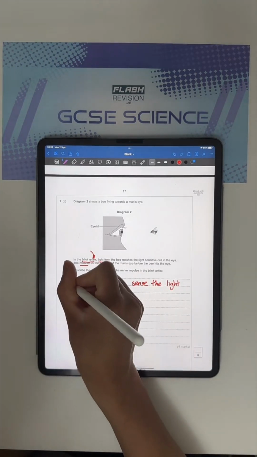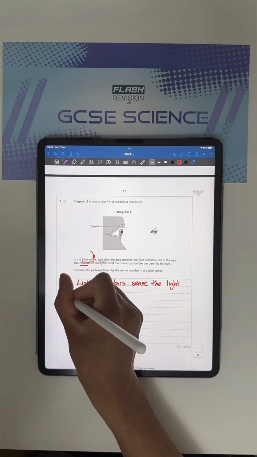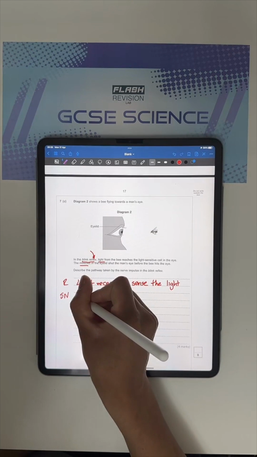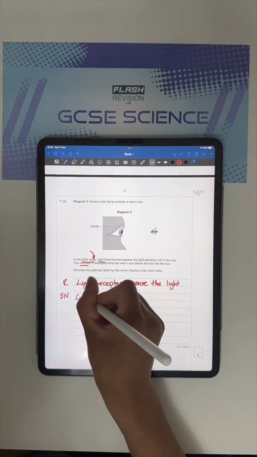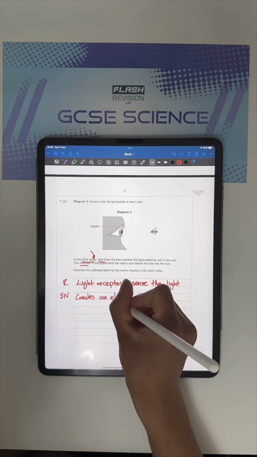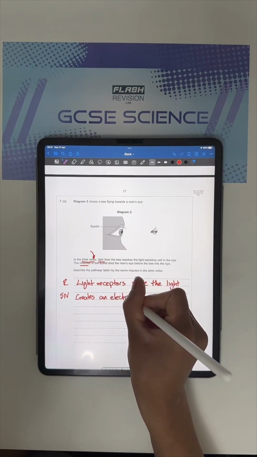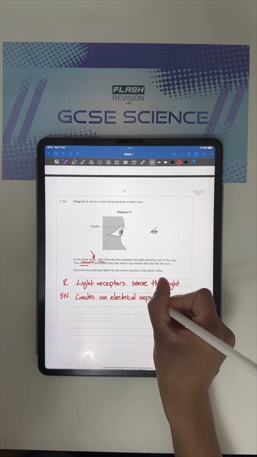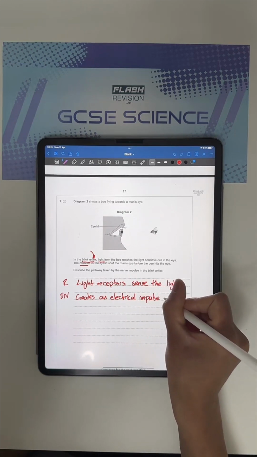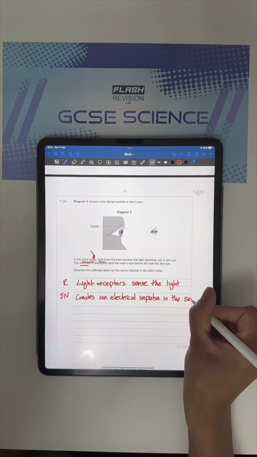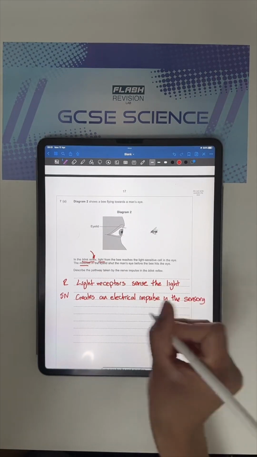So remember, it goes R, then we've got our sensory neuron. So we say it creates an electrical impulse in the sensory neuron.